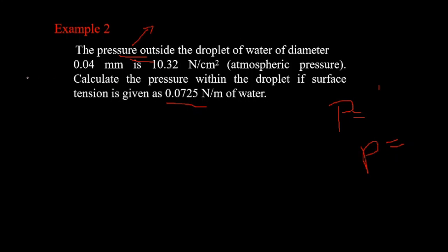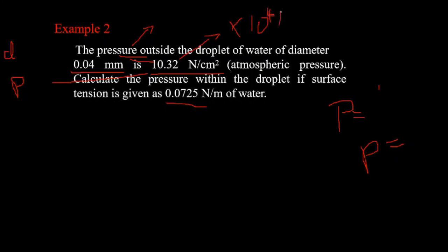First we will note down the given: D is 0.04 mm, we will convert it to meter, and the pressure outside the droplet is given as 10.32 Newton per centimeter square. If we multiply it by 10 power 4, what happens?